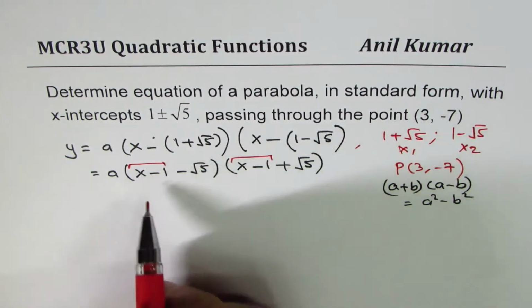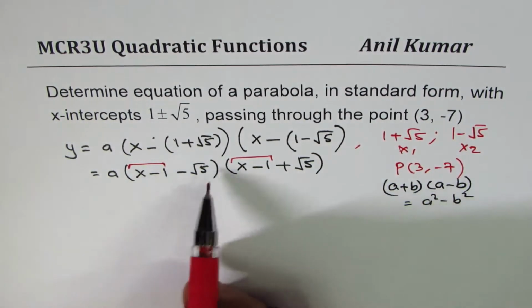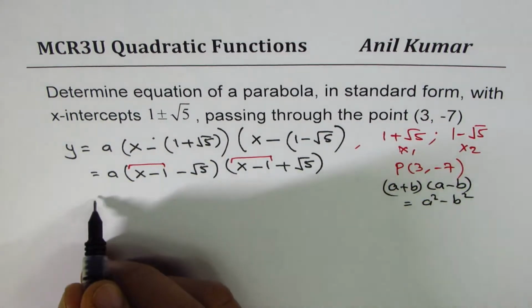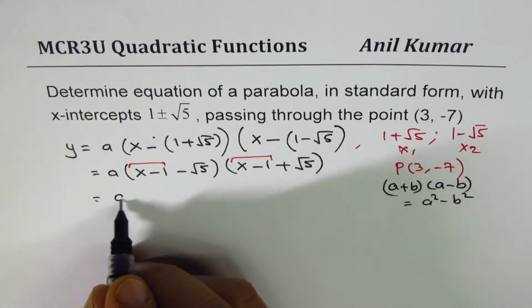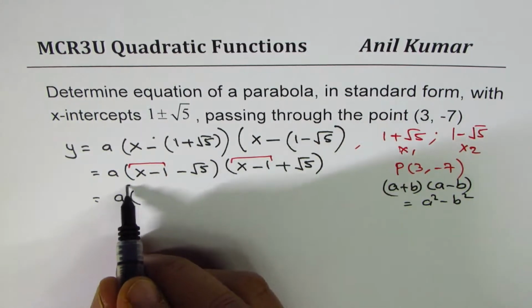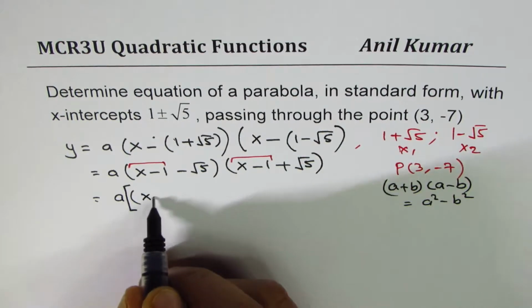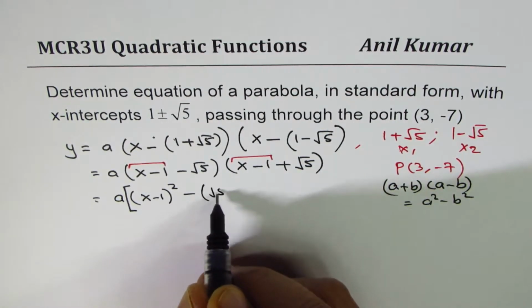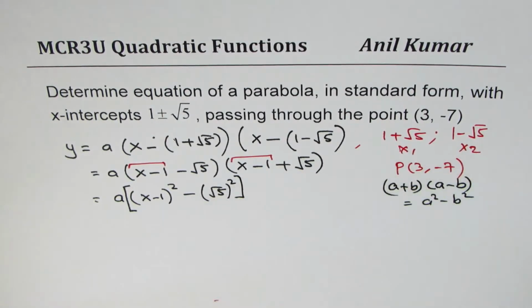I mean a plus b and a minus b. So then you can expand it using the formula a square minus b square. Let me use square brackets. x minus 1 whole square minus square of square root 5, correct?